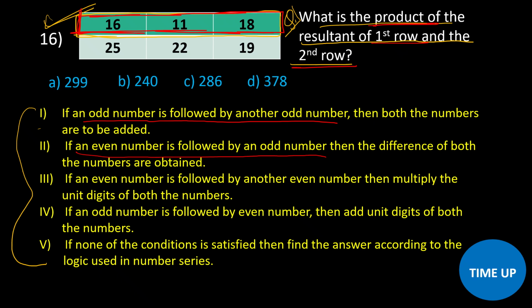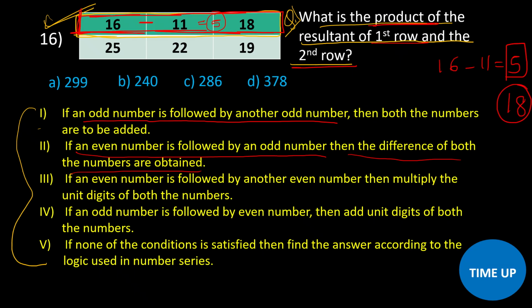Then the difference of both the numbers is obtained. So 16 minus 11 will give you 5. Now you need to take 5 and the next number in the first row, that is 18.